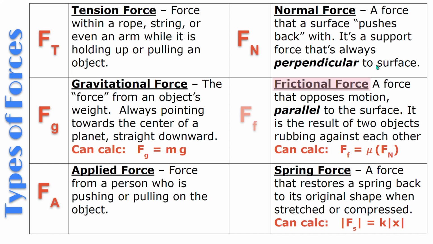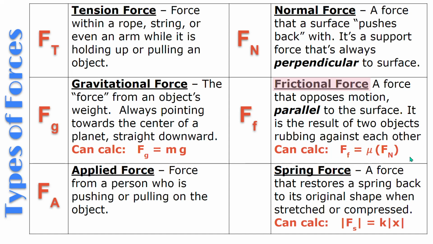Friction, F sub F, is a force that opposes motion. It is always parallel to the surface. You'll notice this one is always perpendicular, this one's always parallel. It is in the opposite direction of the object's motion, or the object's desired motion, if you will. But it is the result of two objects that are rubbing against each other. We can actually calculate this.